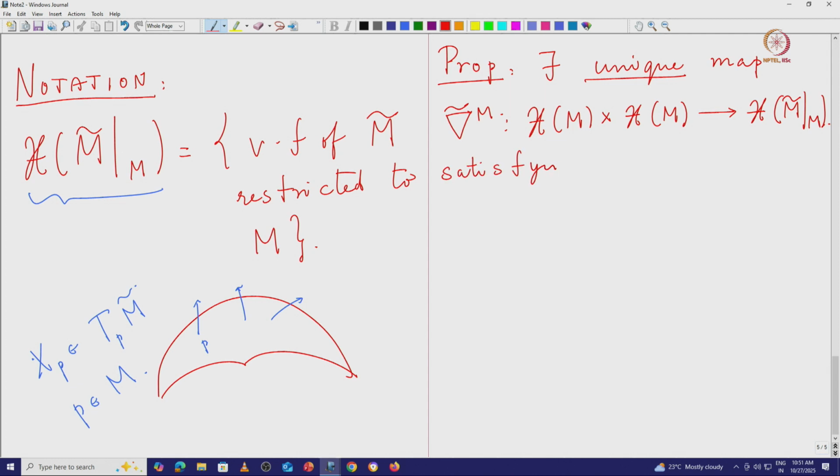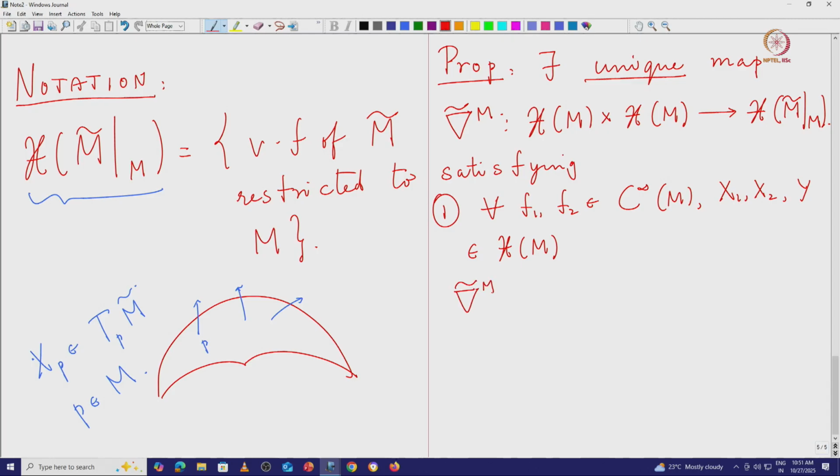So let me write down. For all f1, f2 in C infinity of M and for all X1, X2, Y in chi of M, we want it to be C infinity linear in the first variable.